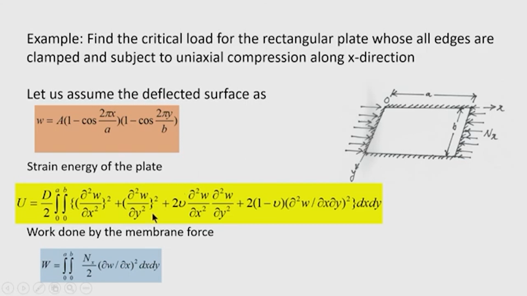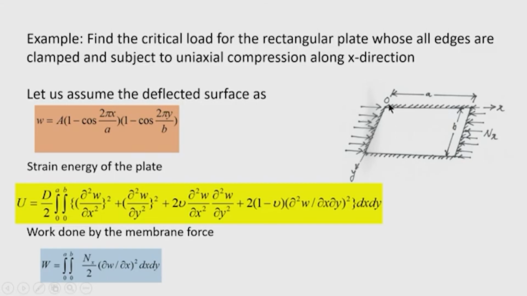So, to calculate the work done by the membrane forces, only this component is pertinent. The other components of work done, N y and N x y, will be absent here, because these forces are not acting on the plate. The plate is acted upon only by the uniaxial compression, and that compression is along the x direction.